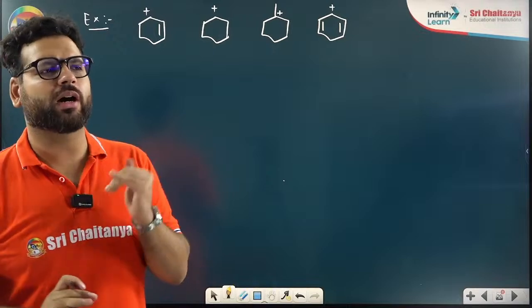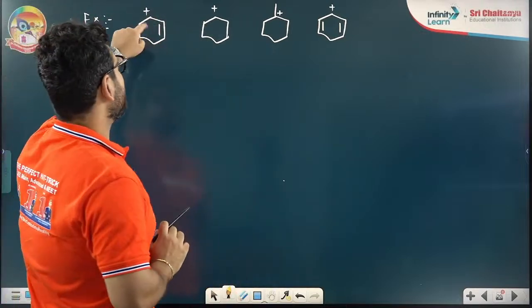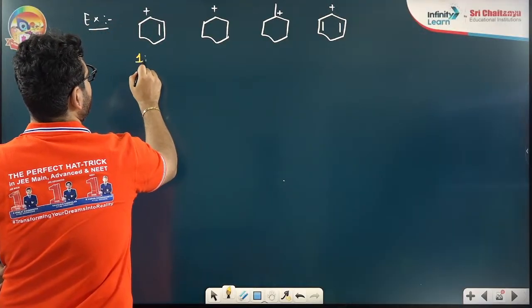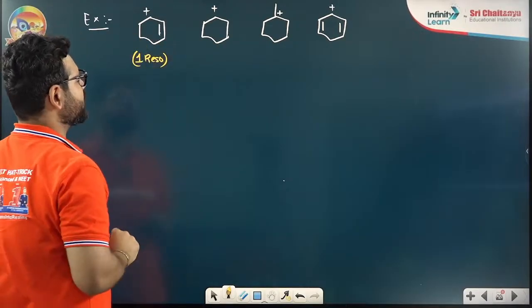It's mostly going to be the other factors which will work. So in the first one, we have a resonance present, plus nothing pi. So one resonance is present.